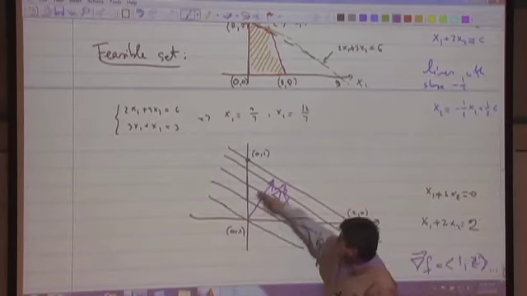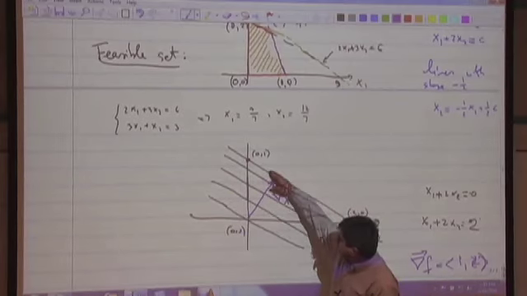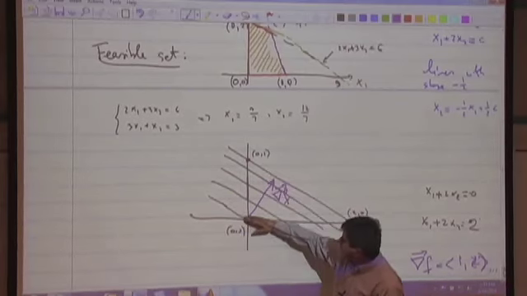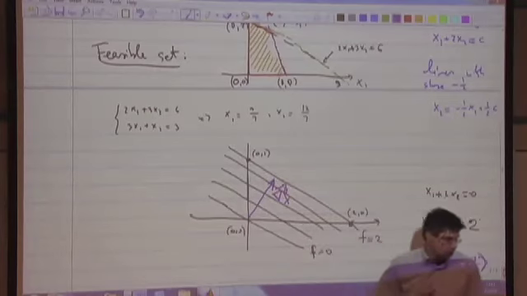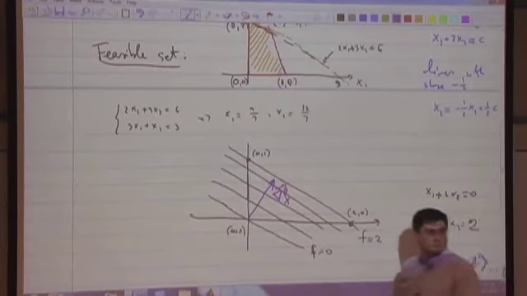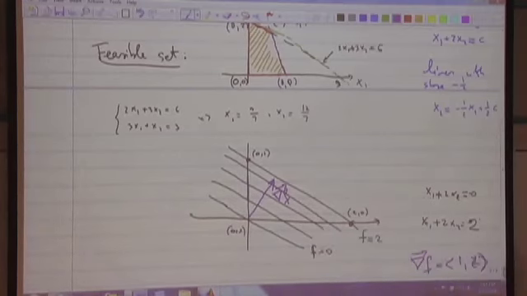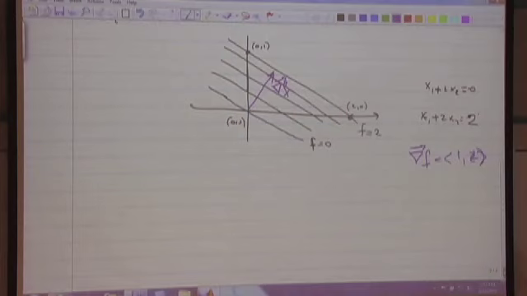Well, the maximum value of f is achieved by sliding this line sort of parallel to itself as much as possible, and still meeting that feasible region, right?